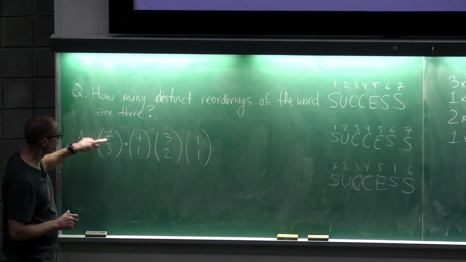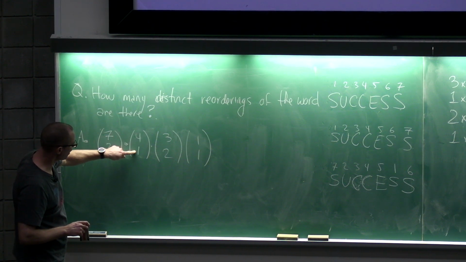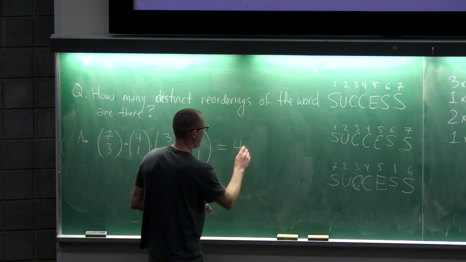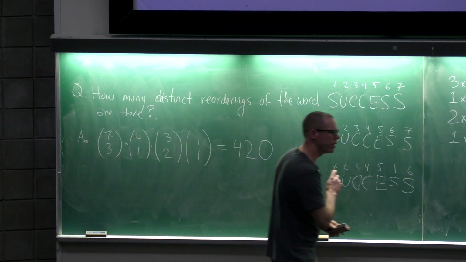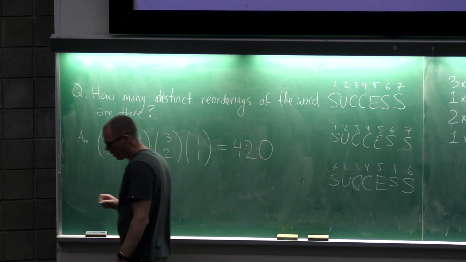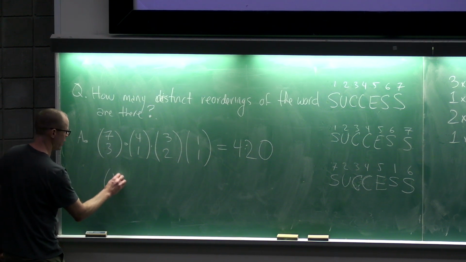This is 7 factorial over 3 factorial 4 factorial, 4 factorial over 3 factorial 1 factorial, and so on. We can plug all of this in, and I think we get 420. Or maybe that's just wishful thinking on my part. No, it's 420. So there's the answer, which is not 7 factorial.